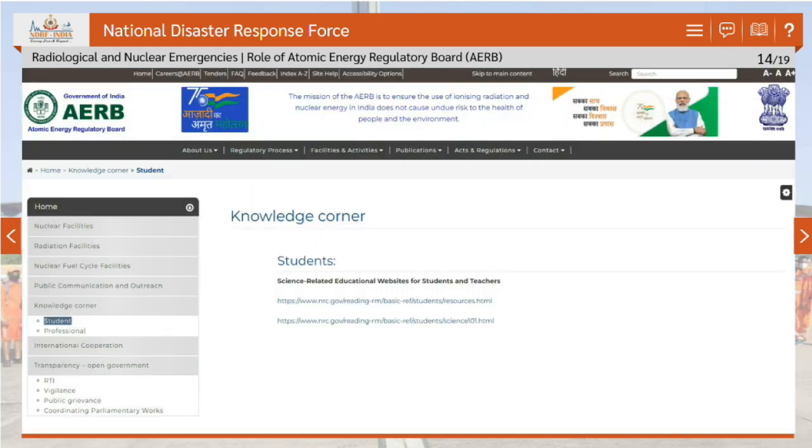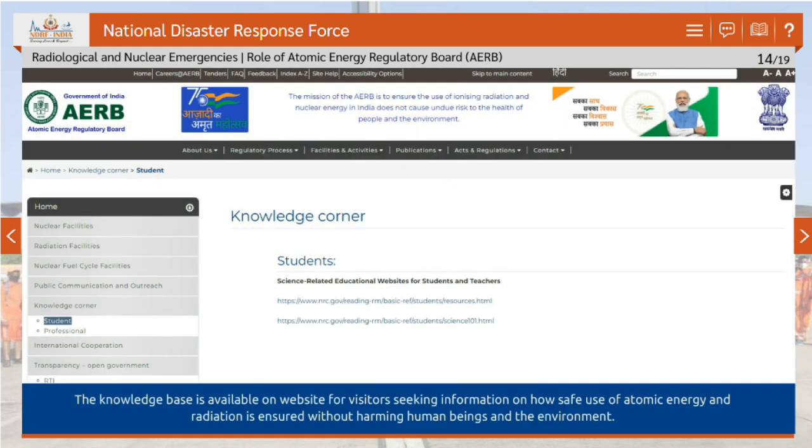It has also decided to make a knowledge base available on its website for visitors seeking information on how safe use of atomic energy and radiation is ensured without harming human beings and the environment. Next, let us learn about the role of volunteers during radiological and nuclear emergency situations.